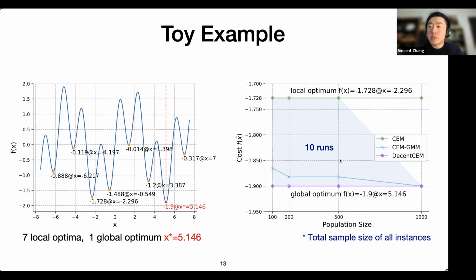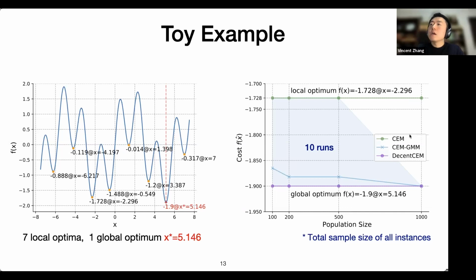The line and the shaded region denote the mean and the max and mean over 10 rounds. And for each dot showing on the plot, we already did a hyperparameter search for each method and each population size, so it's showing the best that each method can achieve.